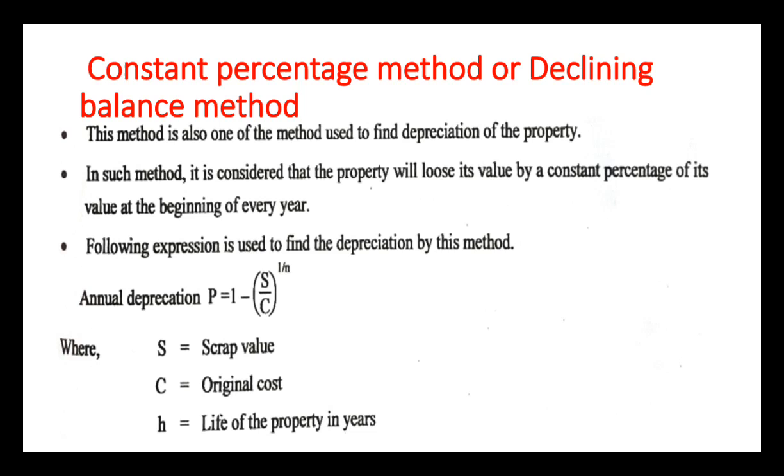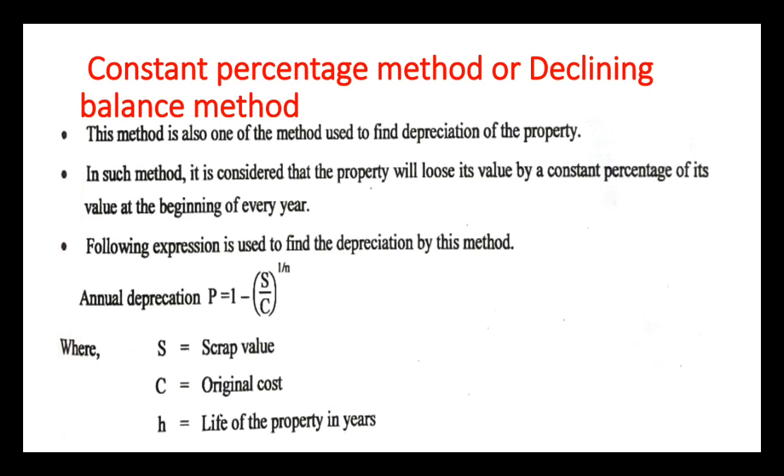Okay, so this is called the constant percentage method or declining balance method, because every year the base value is declining but the rate remains constant. Due to the decline in base value, the depreciation amount also reduces.